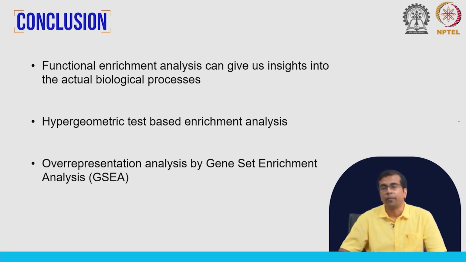Again, for each of these methods we need to do multiple hypothesis testing correction, because we are doing statistical tests for multiple functional classes. Once we have done this, we identify a list of overrepresented functional classes, and then we can probe these classes further and see whether some of these are responsible for disease progression, for example, or maybe stress response and adaptation, and so on.